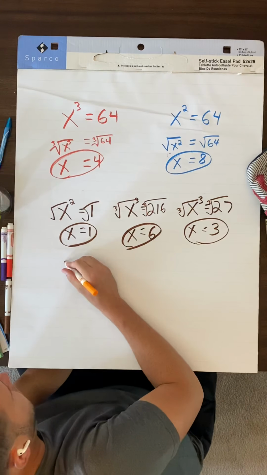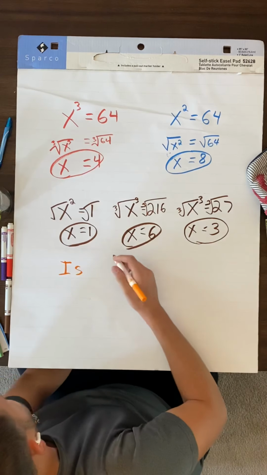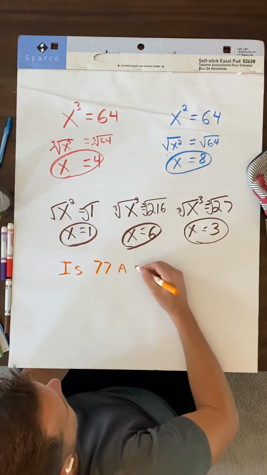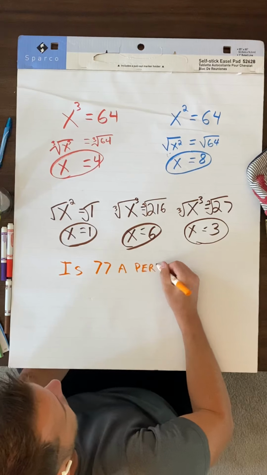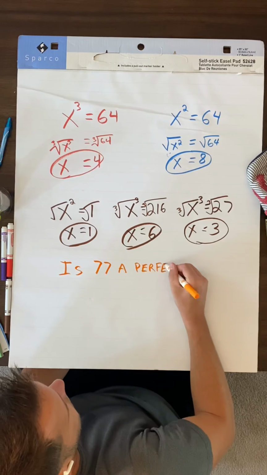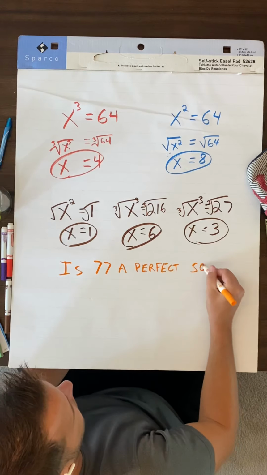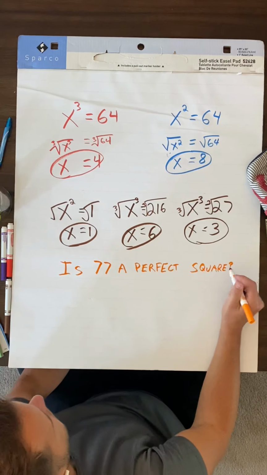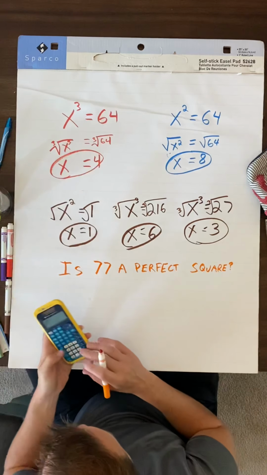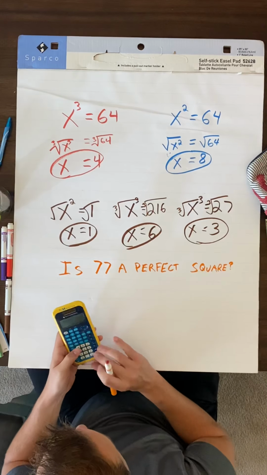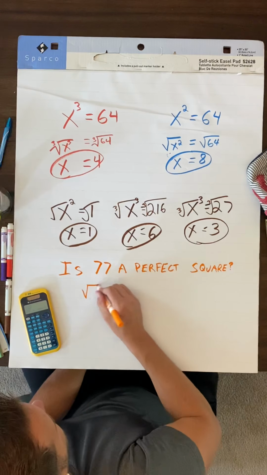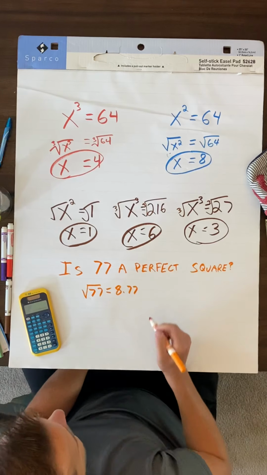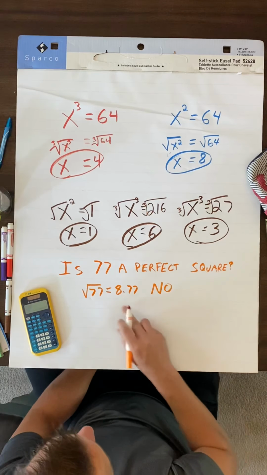Next one is, is 77 a perfect square? So we find the square root of 77, it equals 8.7. So the answer would be no, because it has a decimal.